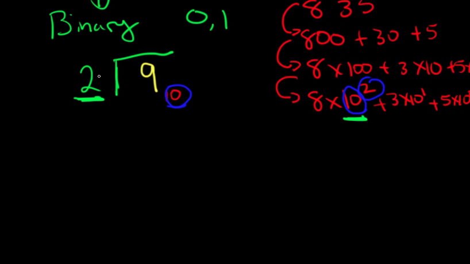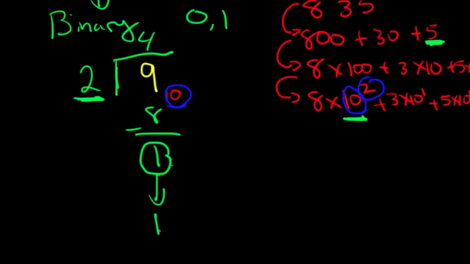So we take 9 and we divide it by 2, and 2 goes into 9 4 times, and we get a remainder of 1. And now this actually goes into the ones place of our binary number. It's analogous to it going in the ones place, like where the 5 is.